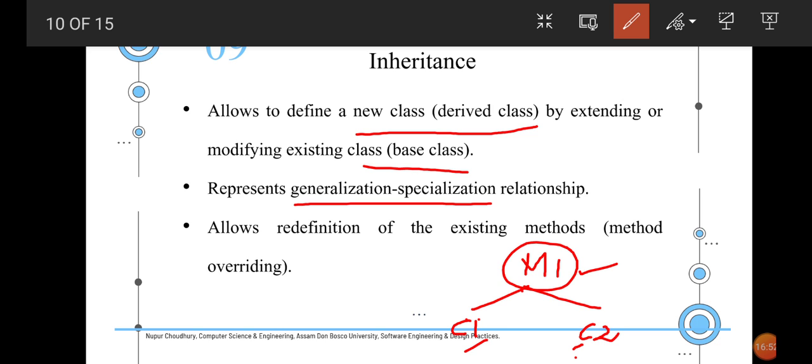It also allows redefinition of the existing methods, which is known as method overriding. There are methods existing in the parent or base class, and we simply inherit the properties of those methods into our child class and modify them according to our requirements. This is known as method overriding.